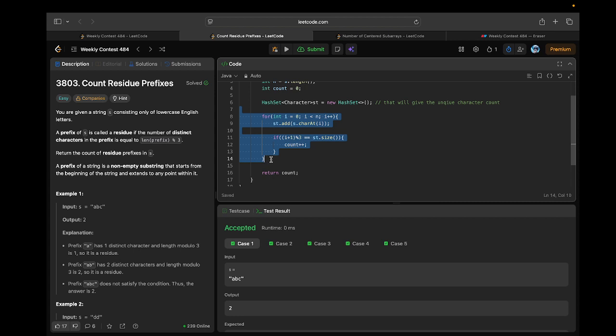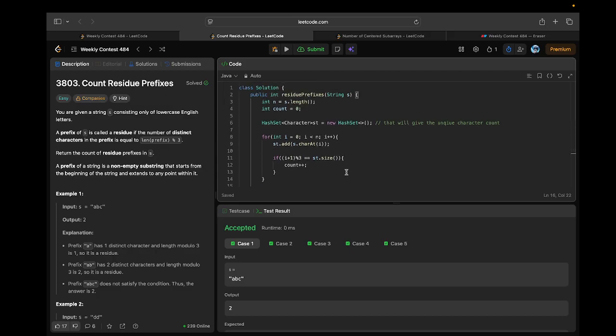First I'm storing that particular character inside the set, and I'm checking if the current prefix length is equal to the size of the hash set. If it is the case, I simply increment the count, because that is going to contribute to my answer. If it is not the case, we just exclude that part, and at the end we return our answer. So this is the code.